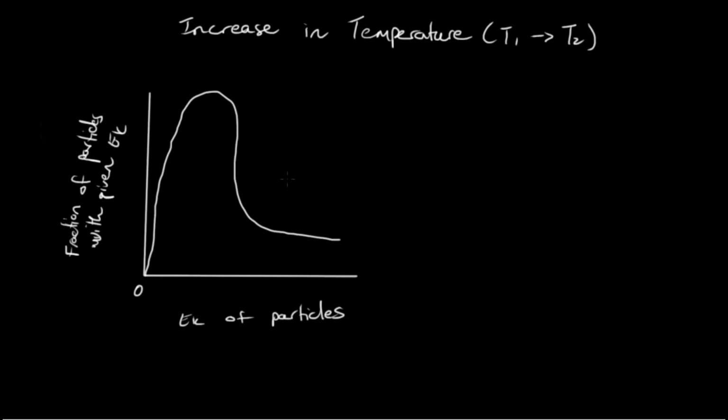That's our original, this is at T1. Now if we increase the temperature to T2, how's that curve going to look? The curve's going to look a little more spaced out. This is at T2.